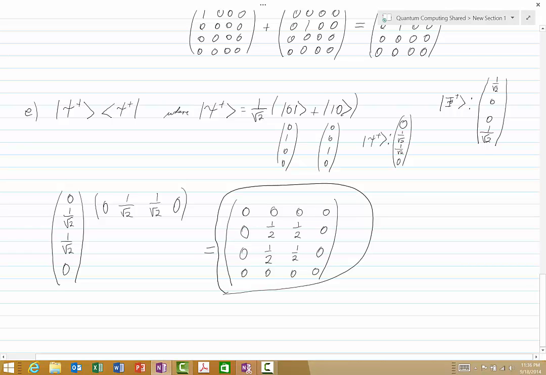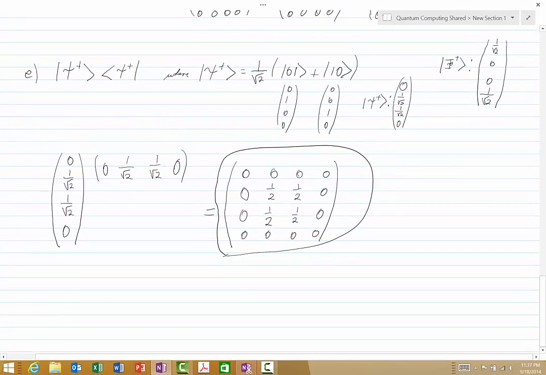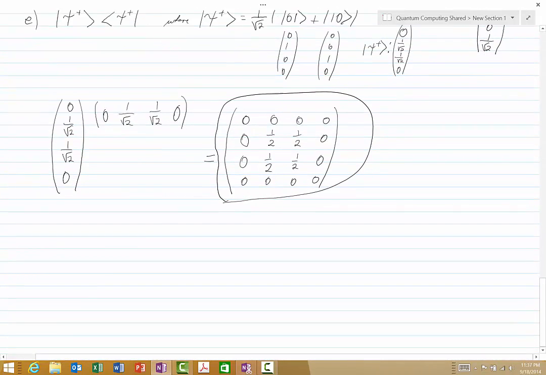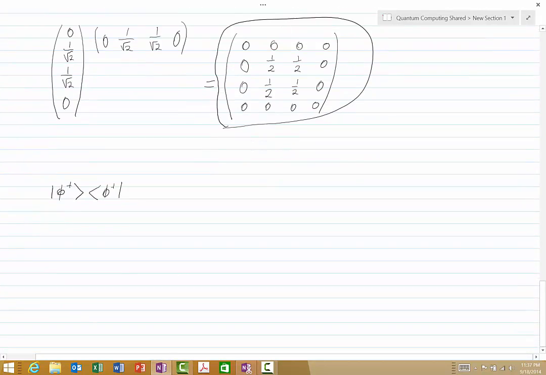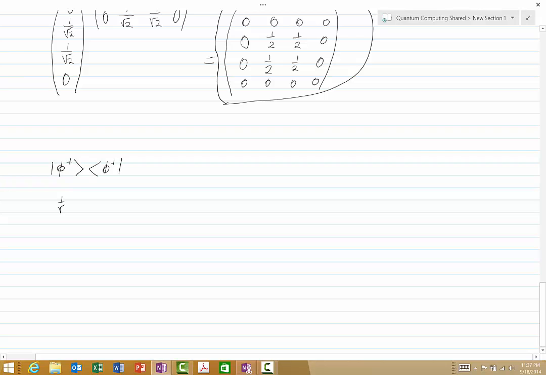But if you worked with the values that were originally given, then let's see what we would get. In other words, if we did phi plus, we would get 1 over square root of 2, 0, 0, 1 over square root of 2, times 1 over square root of 2, 0, 0, 1 over square root of 2.